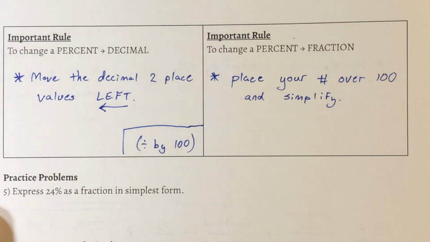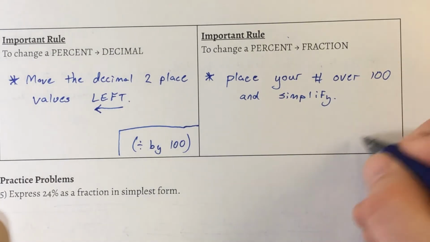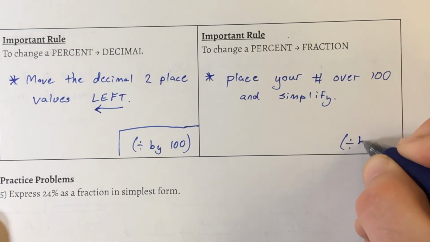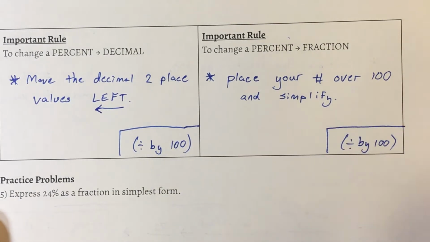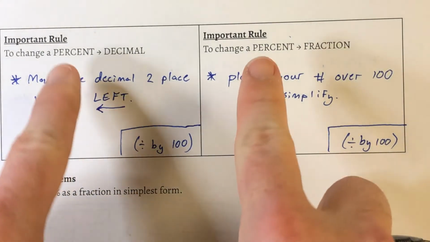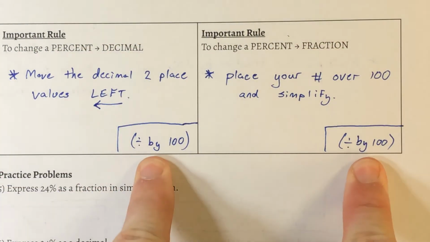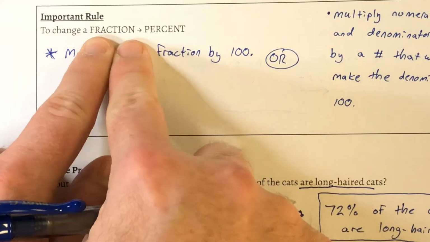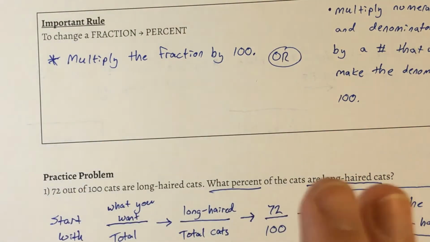So, place number over 100 and simplify. And don't forget that placing a number over 100 is the same thing as dividing by 100. So, you'll notice, to change a percentage to a decimal or fraction, you're essentially dividing by 100. To change a fraction to a percentage, you multiply by 100. So they are complete opposites.